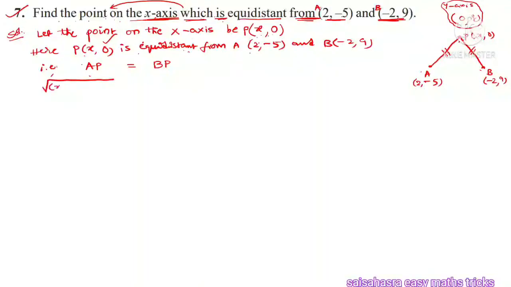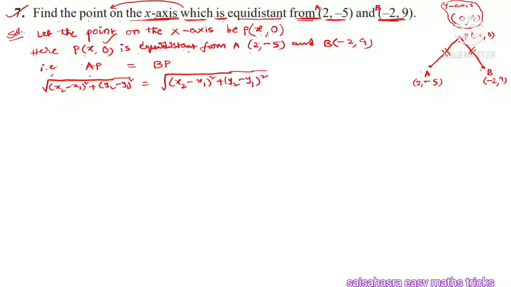Distance formula is square root of (x2 minus x1) whole square plus (y2 minus y1) whole square. Next, BP is also by the distance formula only.